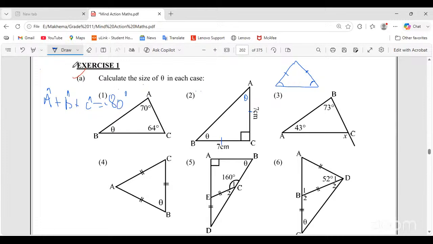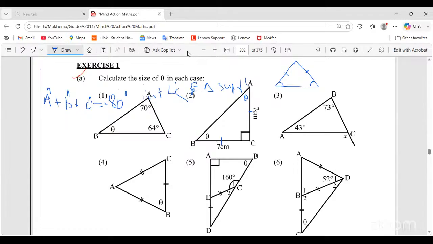This is missing: you have to put some reasoning behind the statement. Why do I say A plus B plus C is equal to 180 degrees? Because the interior angles of a triangle are supplementary. Then you will get 2 marks, a mark for the statement and a mark for the reasoning.